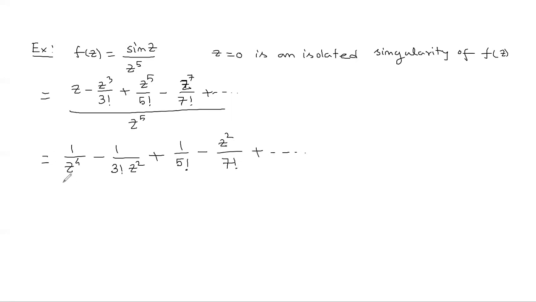So here we can see there are only a finite number of terms present in the principal part. This is the principal part that contains only the negative powers of z minus 0, and this is the analytic part that contains the positive powers of z minus 0.